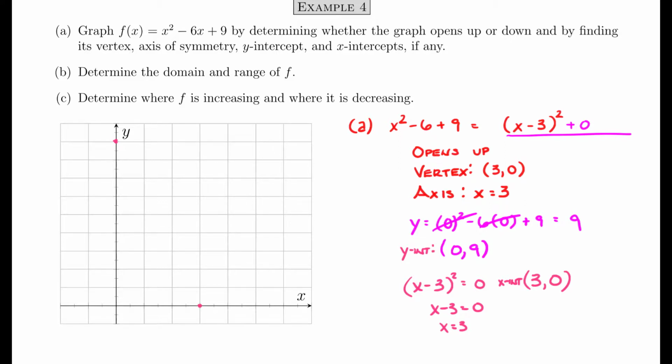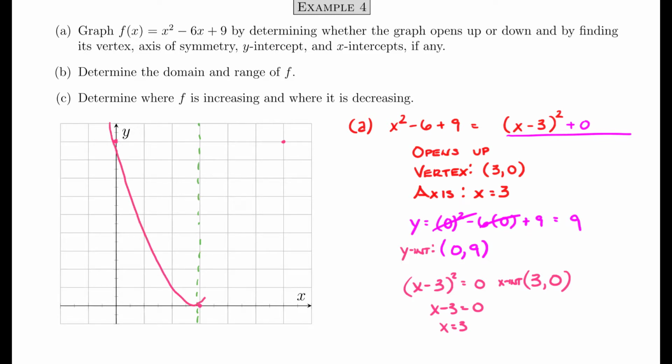And we know also, because of the symmetry of the graph, that we have this axis of symmetry that passes through the graph at the x-coordinate of the vertex. So that means the left and right hand sides are mirror images of each other. So this point right here on the y-axis is 3 units to the left of the axis of symmetry. So we'll have another point 3 units to the right of the axis of symmetry. And this gives us our graph.